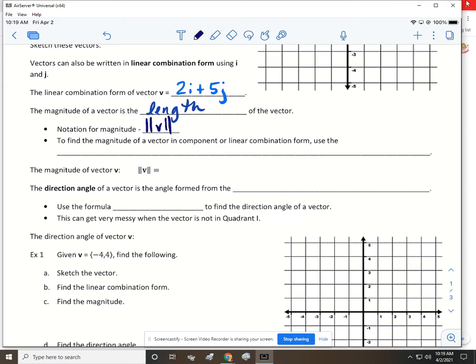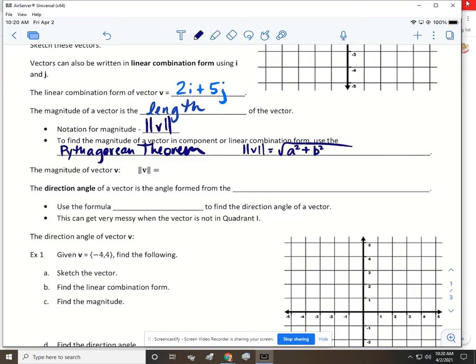And if we want to find the magnitude of a vector in component form or linear combination form, we're going to use the Pythagorean theorem. And so the magnitude of vector v would be the square root of the horizontal component, which we're going to call a, squared, plus the vertical component, which we're going to call b, squared.